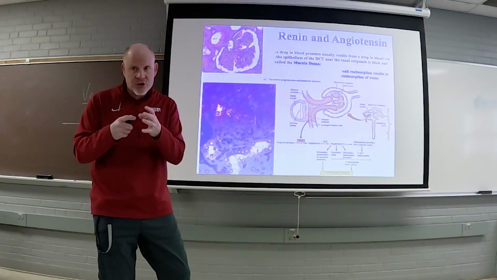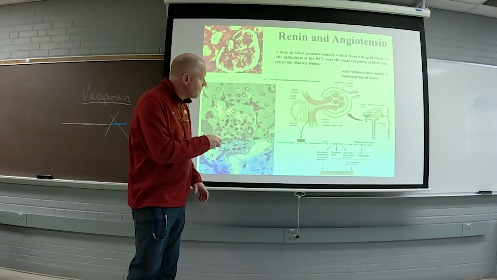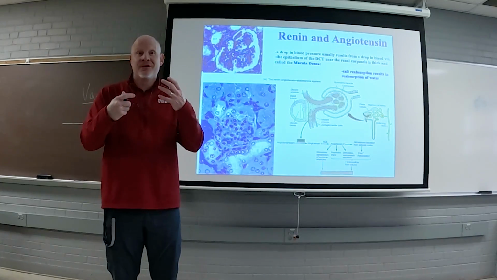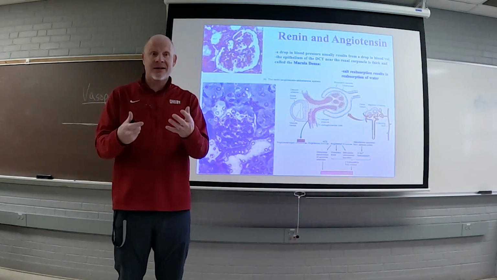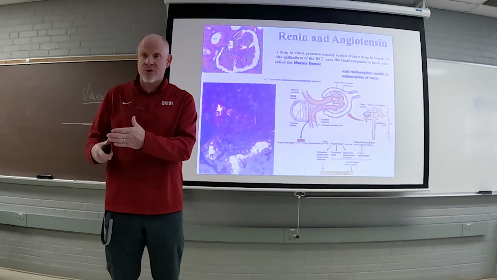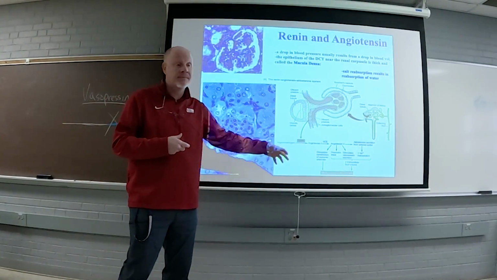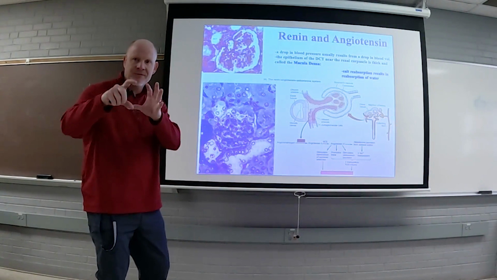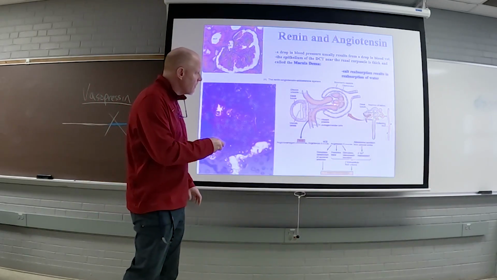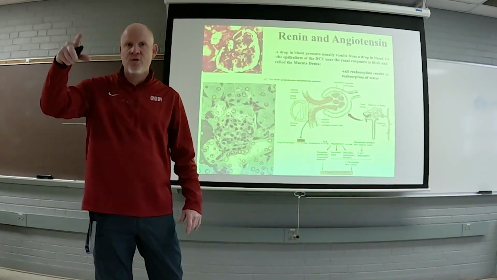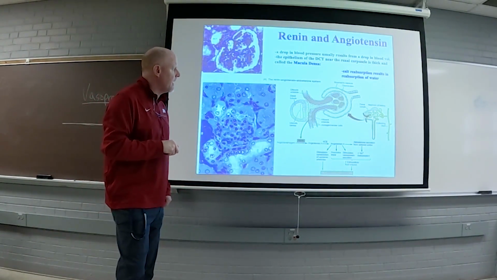If blood pressure drops, filtration drops, filtrate movement drops, and urine production drops, doesn't it? So you want a constant flow rate, constant filtration, and constant movement through the nephron.